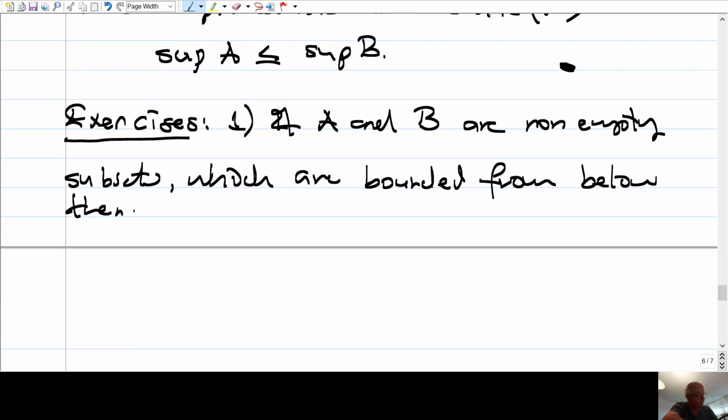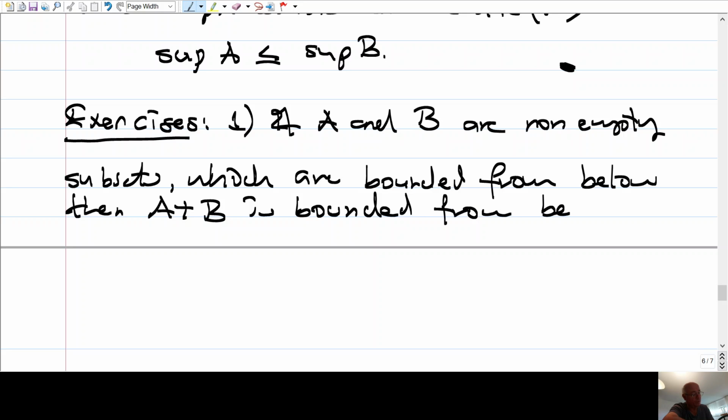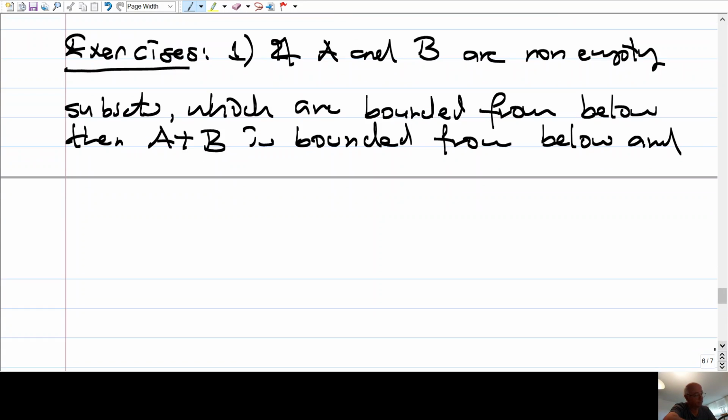Then A plus B, what is this set? I take elements from A and elements from B and add them up, right? Those elements form the subset A plus B. Then this subset is bounded from below, and that supremum, not supremum, I'm sorry.